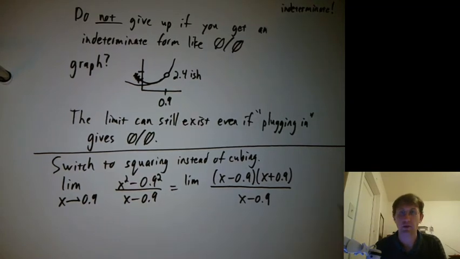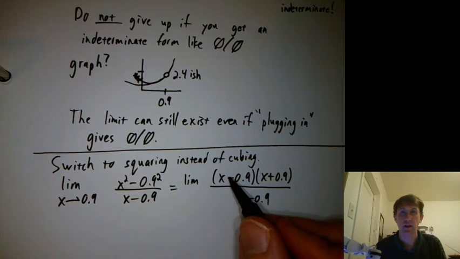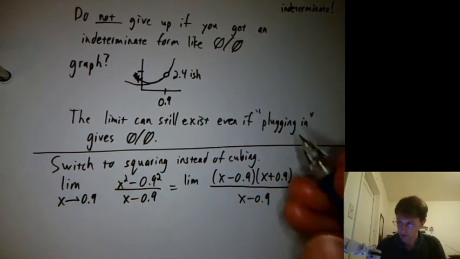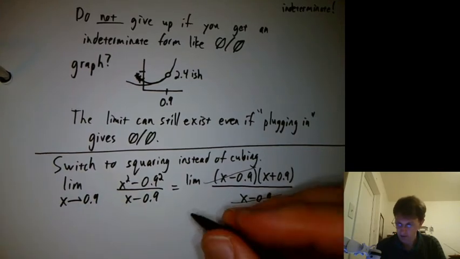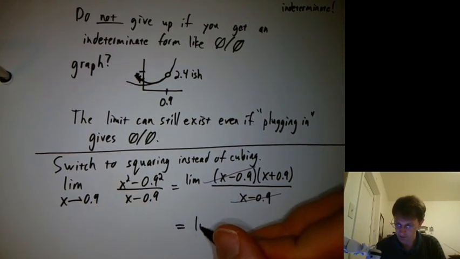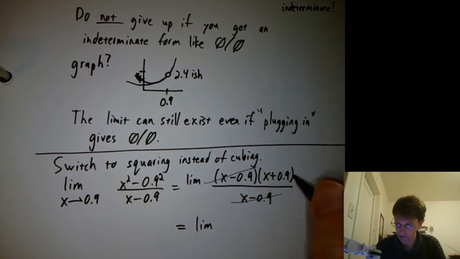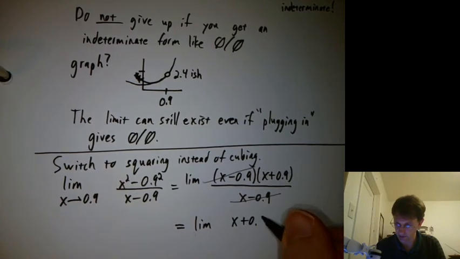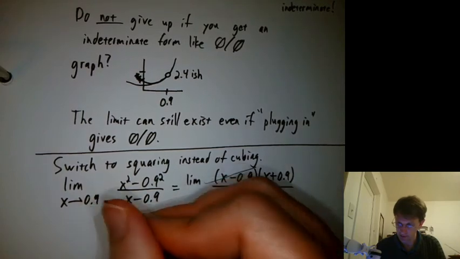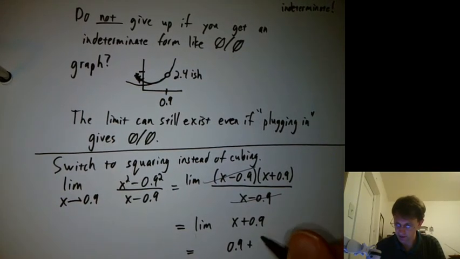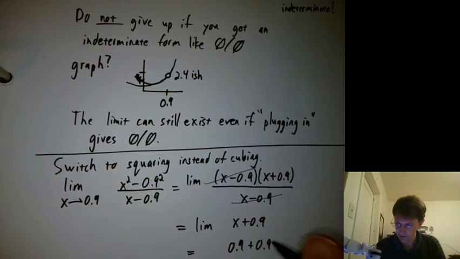And then what do we notice we can do, algebraically at least? We say, hey, we can cancel that stuff, right? So we cancel that part with that part and say that that seems to just give us the limit of what's left, x plus 0.9, and that's the limit of x as x goes to 0.9, so that's 0.9, and add that.